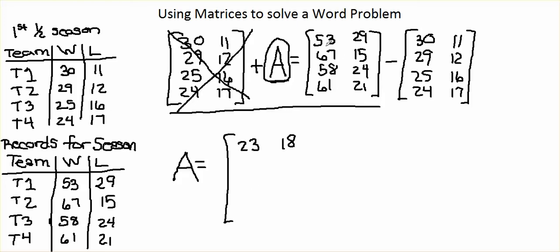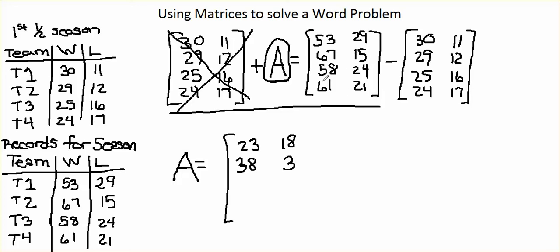Team 2 had 67 wins minus 29 wins, which is, let's see, 67 minus 30 is 37 plus 1 is 38 wins total. And then 15 minus 12 is 3.